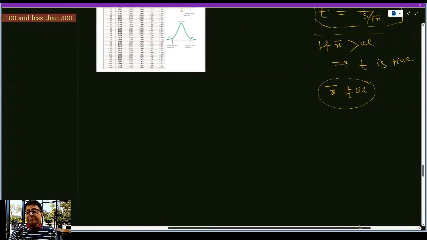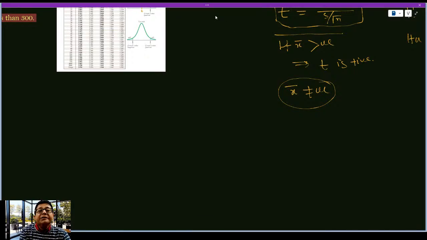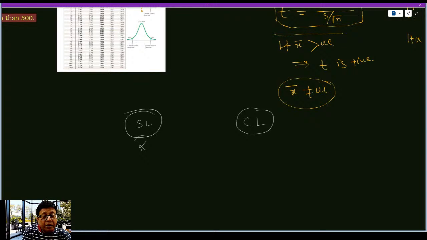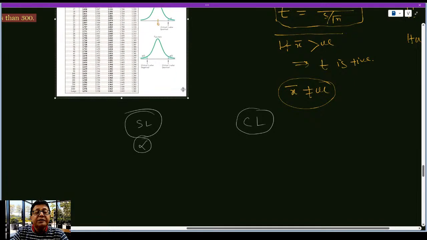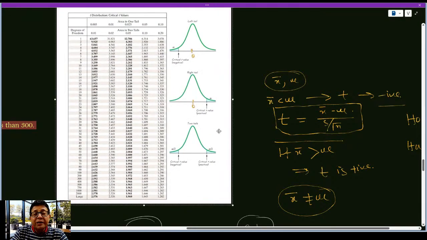What was I explaining? I was explaining alpha. What is the meaning of alpha? Significant level will be written as SL. SL stands for significant level, and the other one is confidence level. Significant level is denoted by the letter alpha. In the graph, for a one-tailed or two-tailed test, you must have seen alpha being used: this is alpha, this is alpha by 2 for a both-sided test.